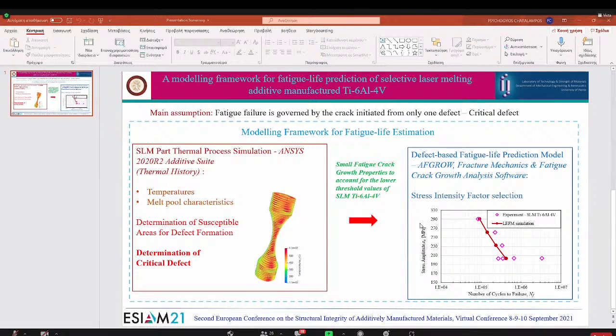The defect was considered as a semi-elliptical crack on which the aspect ratio was considered. And regarding the size of defects, we were based on the experimental observations of the fracture surface of the specimen.